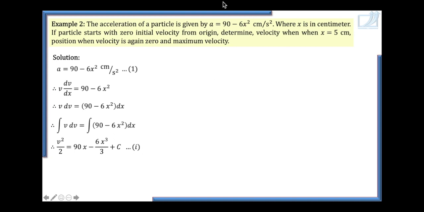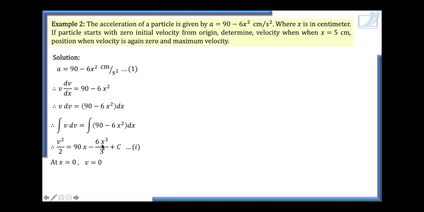For that purpose, is there any information in the problem? Yes, particle starts with 0 initial velocity from origin. That means x coordinate is 0. So when x is 0, velocity is 0. So at x equal to 0, that means at origin, v is equal to 0. This is given.